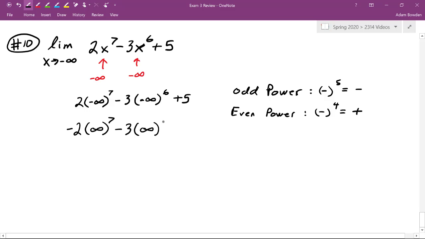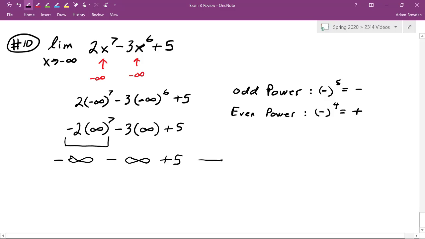But now it would be positive, that negative going away because of the even power. So really negative 2 times a really big number is still a really big number, minus 3 times a really big number is another really big number. So that's going to be a negative infinity, and that's going to be a negative infinity.